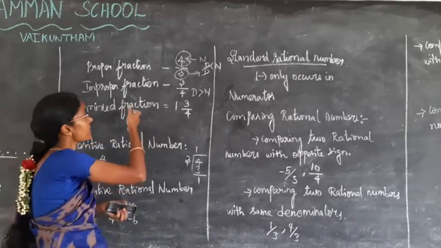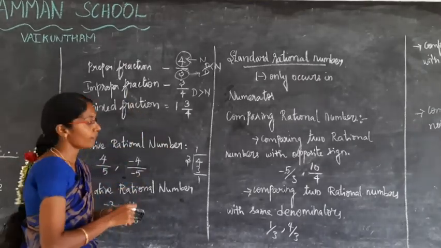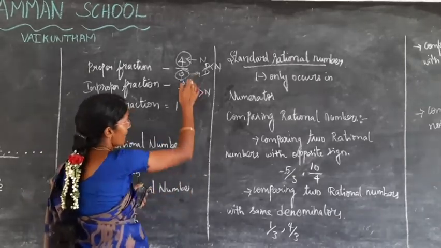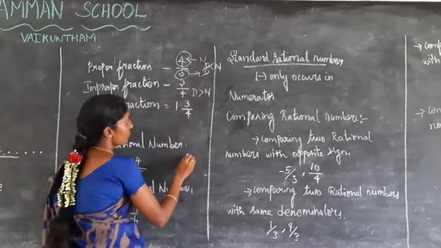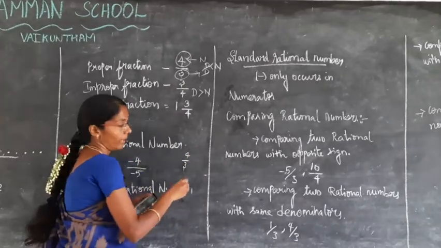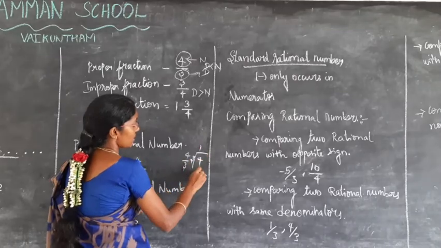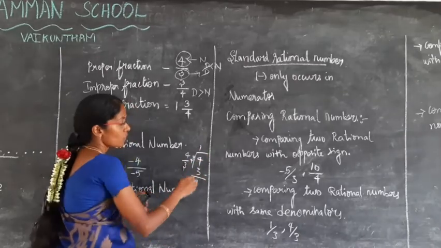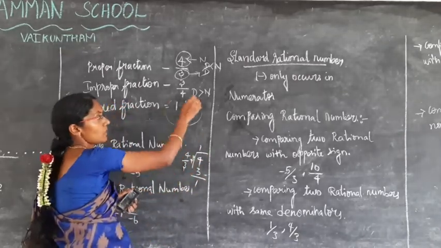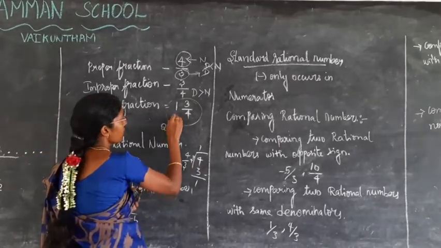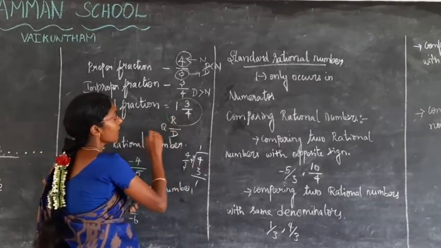So what is a mixed fraction? Take this example, 4 divided by 3. How will you write it? You have to divide 4 by 3. 3 ones are 3, so remainder 1. How will you write it as a mixed fraction? With quotient, remainder and divisor.